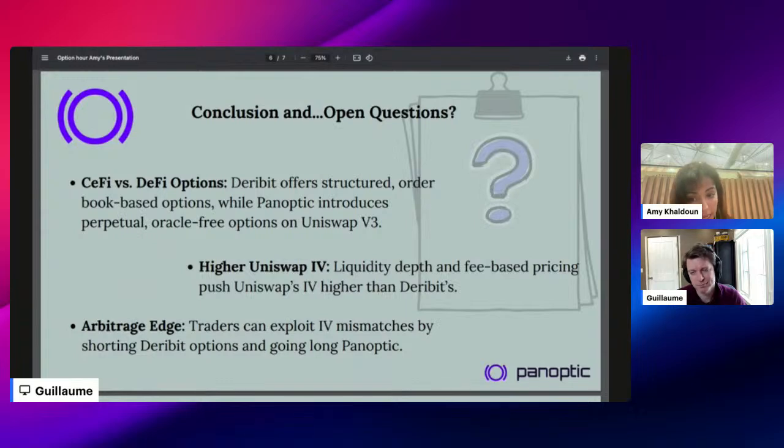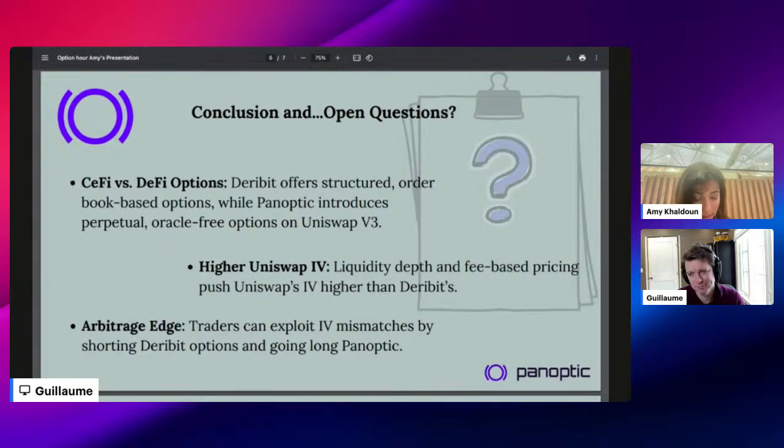Second, this comparison really highlights the fundamental differences between CeFi and DeFi options. Derivative's structured order book based approach versus Panoptic's innovative perpetual, oracle-free options on Uniswap v3. However, even with these differences, we are still using the same traditional metrics for pricing.